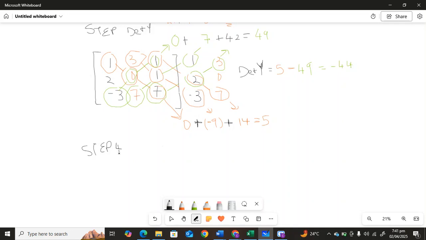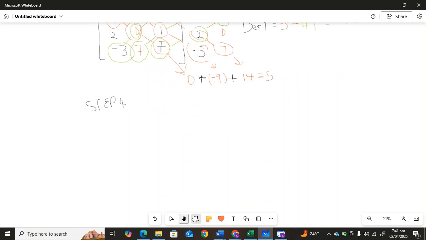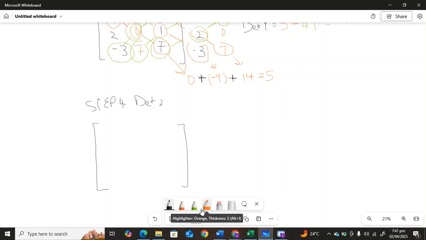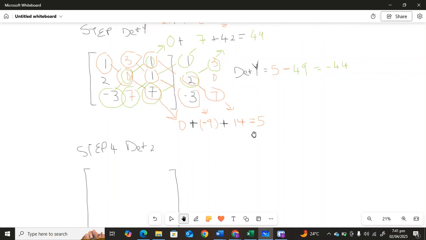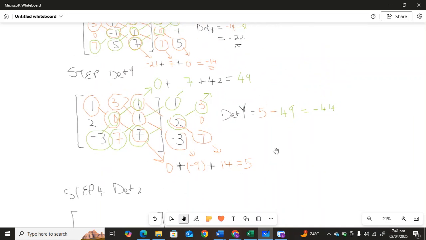Okay, so our z column now is the one that's going to be replaced by the constant matrix. That three. It will be wrong if you mix up the two.